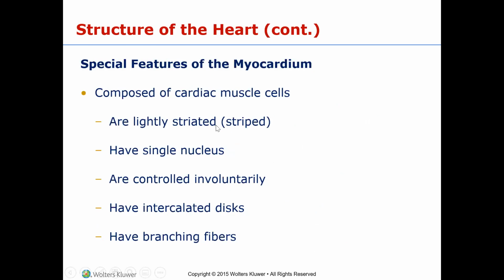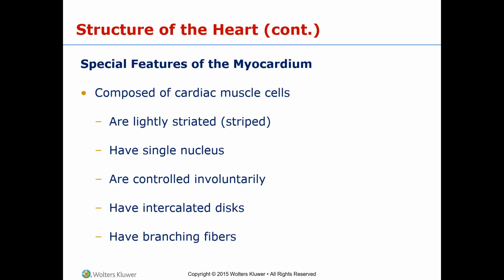So when we look at the myocardium, that heart muscle, it is made up of striated muscle cells, and those striations are actually from actin and myosin proteins that are overlapping each other.